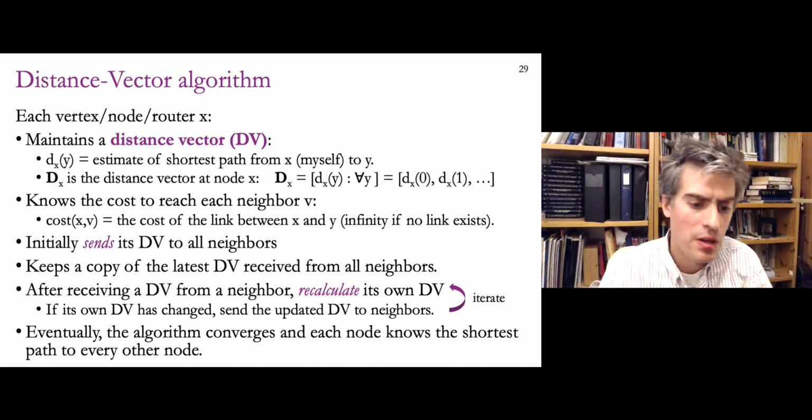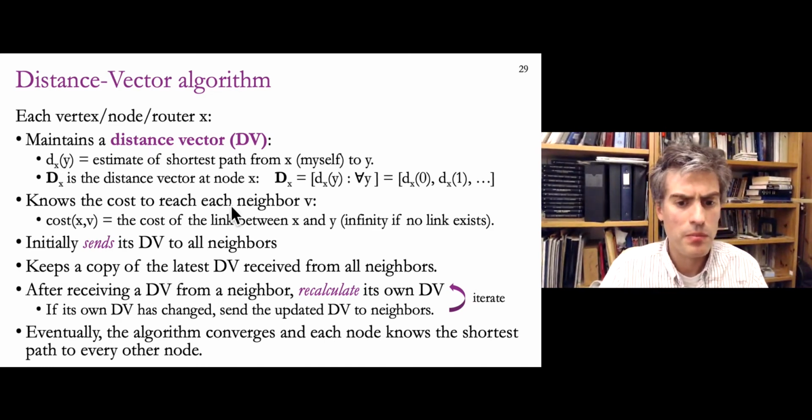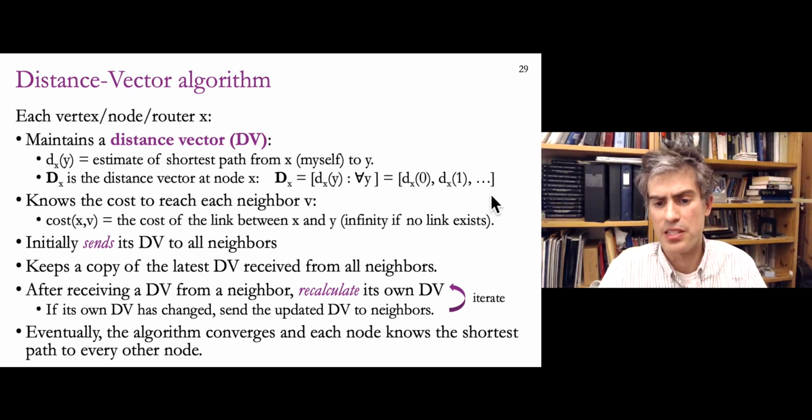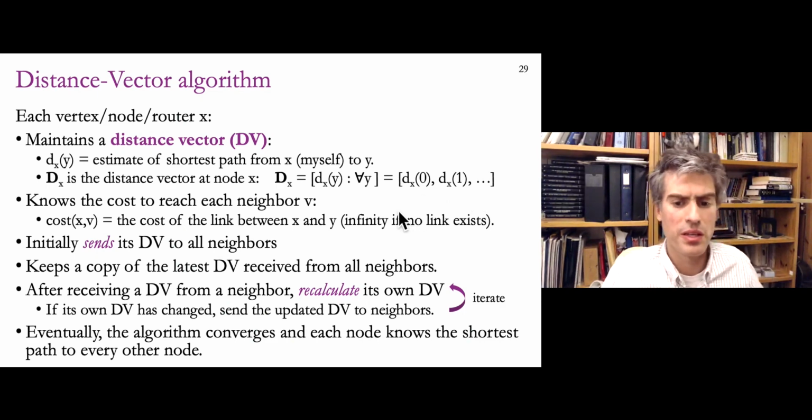Your distance vector gives the distance to reach every other destination in the network, and it also indicates which next hop you'll use. Sorry, your distance vector lists the distance from you to everyone else in the network.